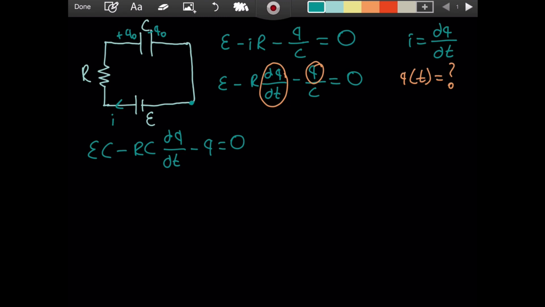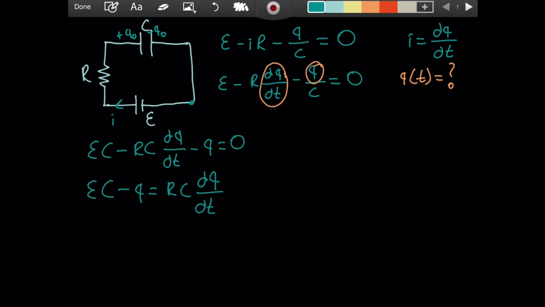And so if I continue, what will happen? Well, let's see. So if I do something like this, epsilon C minus Q equaling RC dq by dt. If I do this, I will now do something interesting.